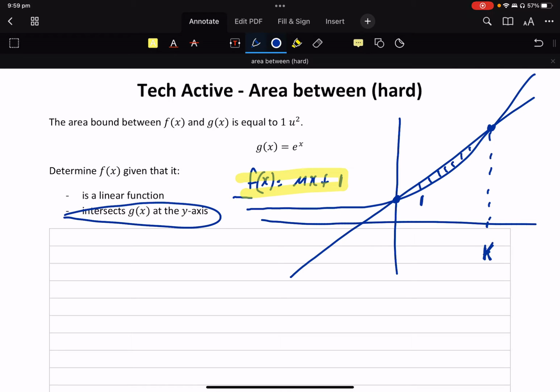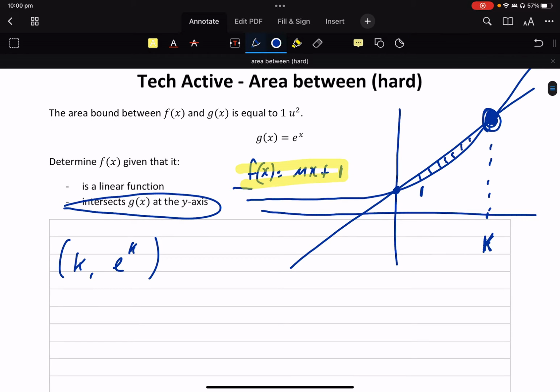So I've set here that this point of intersection here is going to be k. So this point here actually lies on the exponential. So when x is k, y is e to the k, and that's a point on the exponential function.